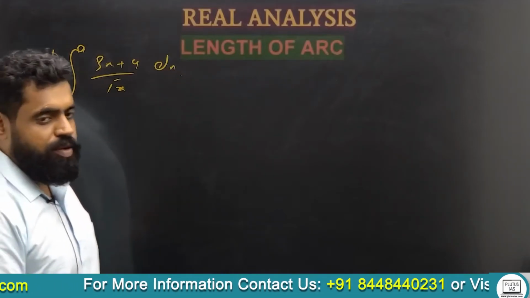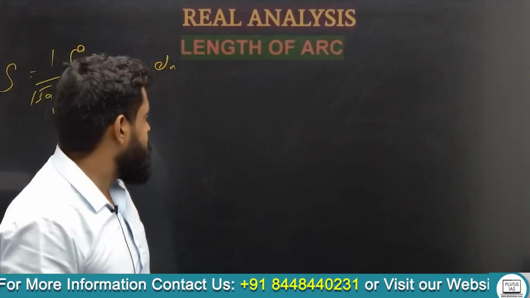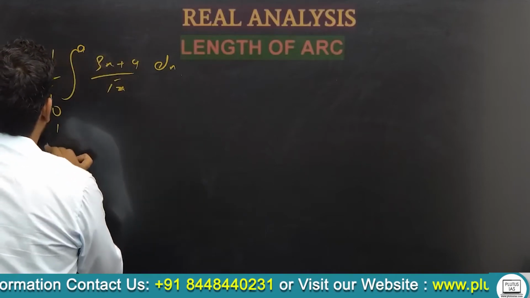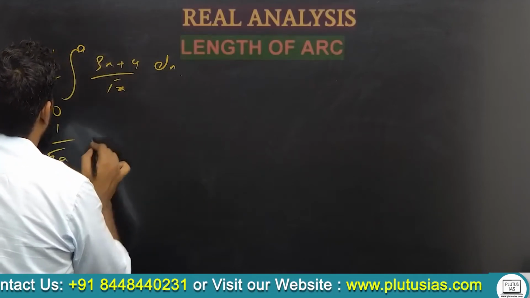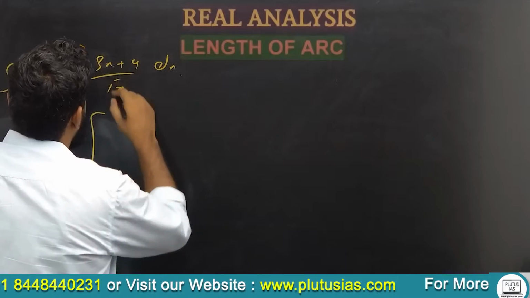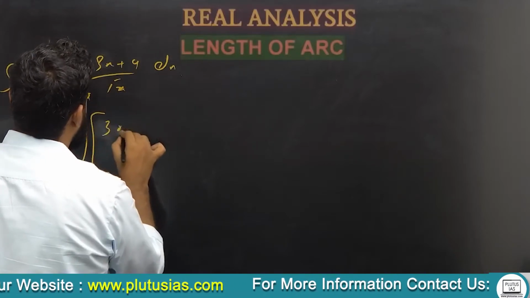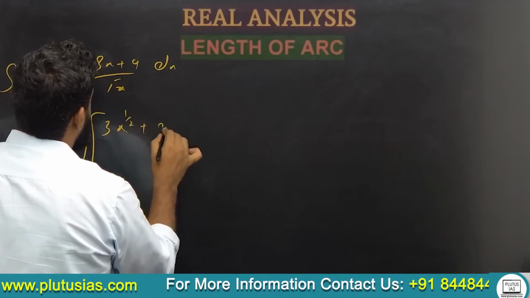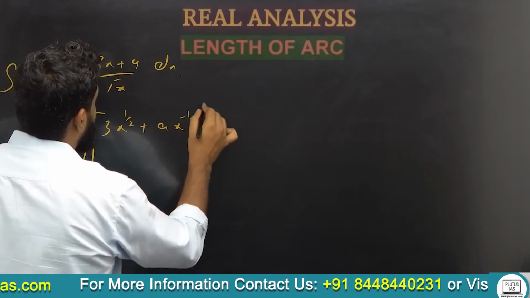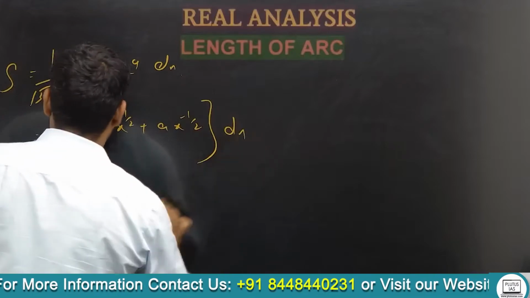Now this can be integrated very easily: 1 upon root 3a times the integration from 0 to a of 3 times x to the power 1 by 2 plus a times x to the power minus 1 by 2, dx.